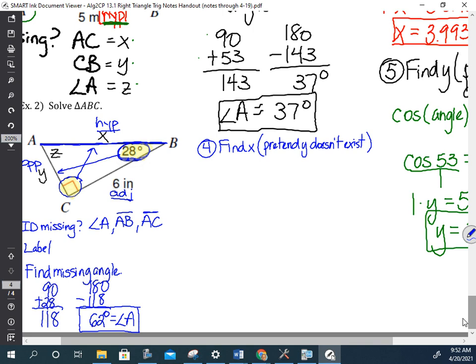So, adjacent and hypotenuse is cosine. Take the angle that they gave you, plug it in. Your adjacent is 6. Your hypotenuse is x.